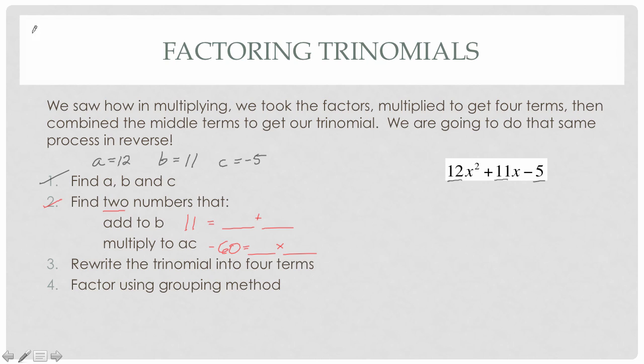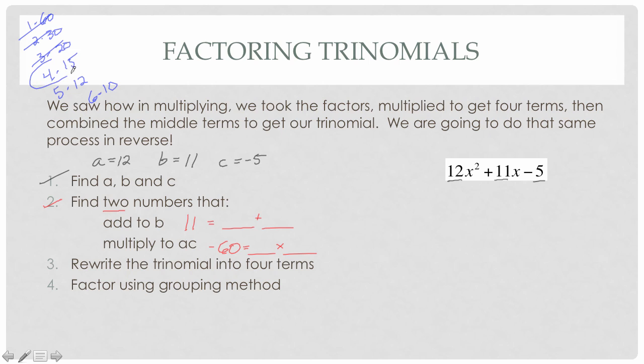Again, start listing out all your factors of 60. 1 times 60, 2 times 30, 3 times 20, 4 times 15, 5 times 12, and 6 times 10. And do any of these have a difference of 11? Well, 59, 28, 17.